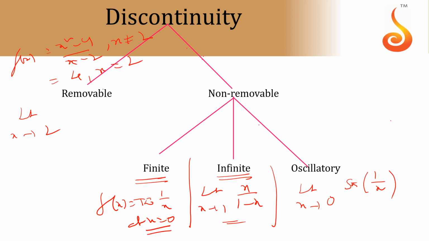You can't tell this is a particular value, but I'm sure that 1 by x as x tends to 0 minus will be minus infinity, and as x tends to 0 plus will be plus infinity. Whereas sine of minus infinity or sine of plus infinity, I don't know its exact value, but I am sure that it is a finite value between minus 1 and 1. So those are called oscillatory non-removable discontinuities.